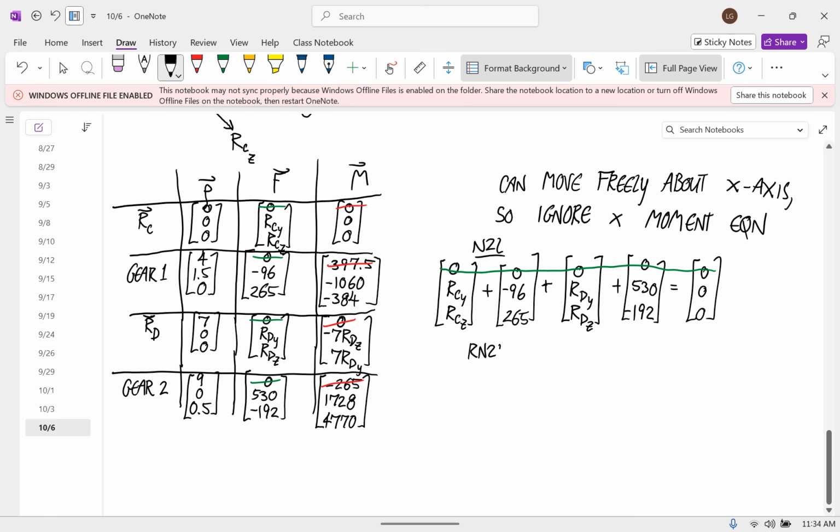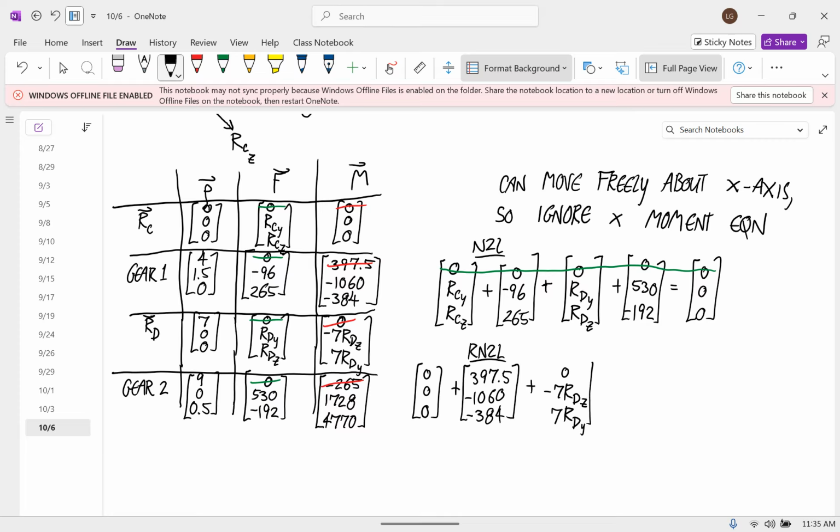And then the moment equation says 0, 0, 0, plus 397.5, negative 1060, negative 384, plus 0, negative 7 RDZ, positive 7 RDY, plus negative 265, 1728, 4770, is equal to zeros.